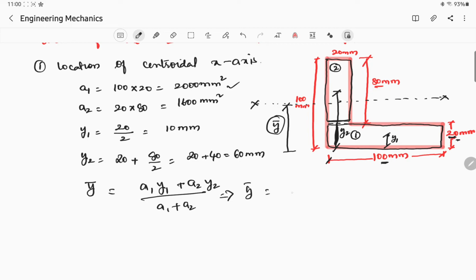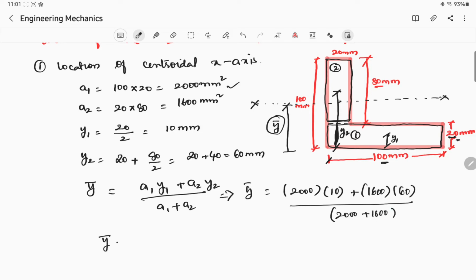A1 is 2000, into y1, which is 10, plus A2, which is 1600, into y2, which is 60, whole divided by A1 plus A2, that is 2000 plus 1600. So my y bar will be equal to how much?